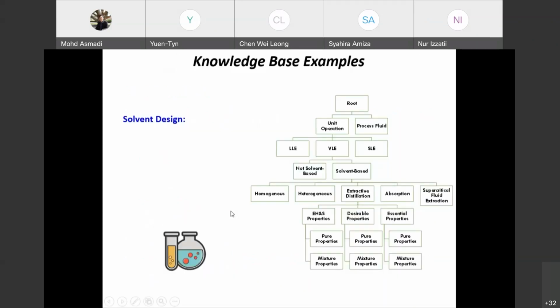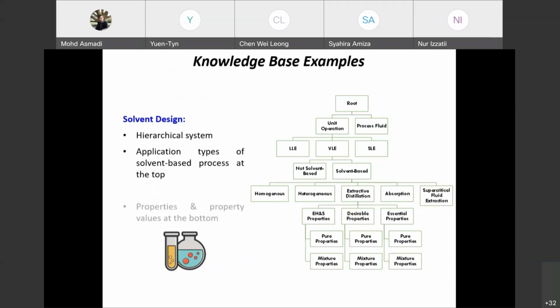So actually the information contained in the knowledge base is based on the order of a hierarchical system. Generally, on top of the hierarchy is the solvent base. Then at the bottom generally are the properties, like temperature, pressure, composition, so we can divide it.